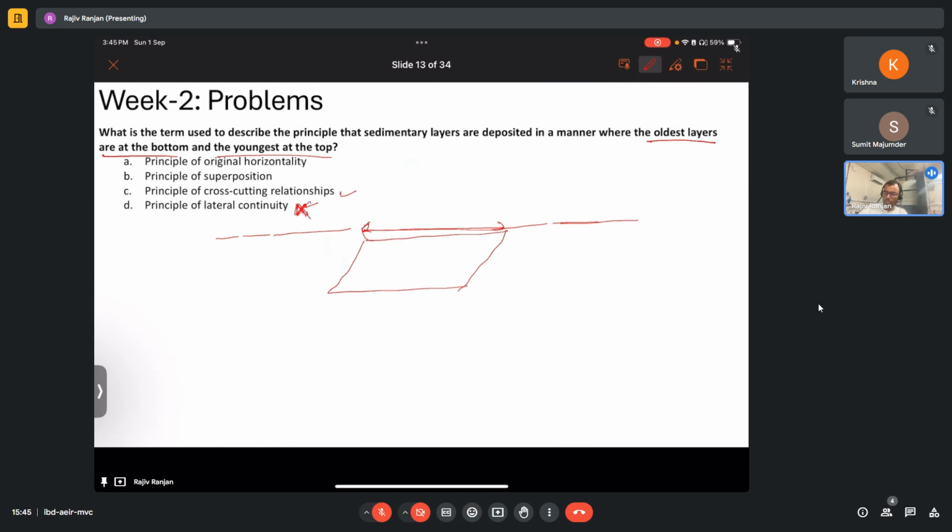Cross-cutting relationship is something which says that, suppose you have a bed, one bed like this, and there is another bed which has a different attitude.